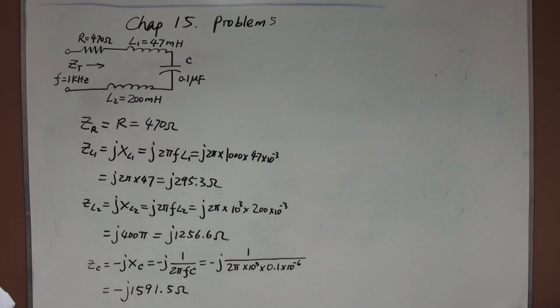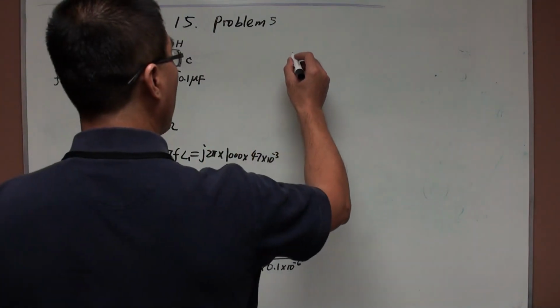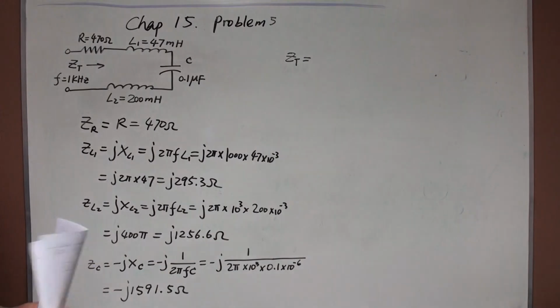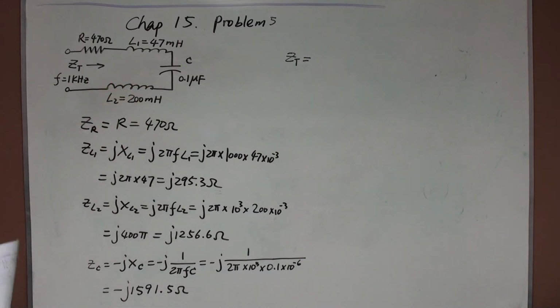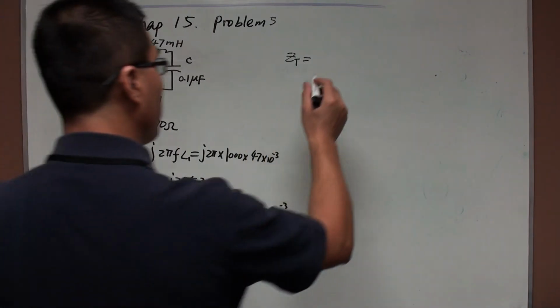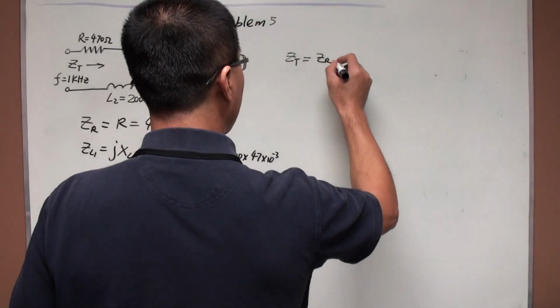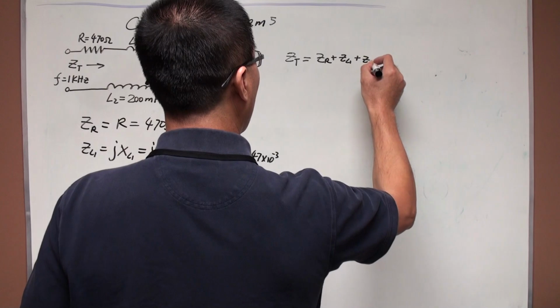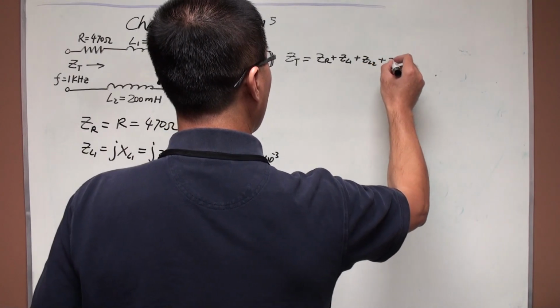All right, so we want to find out the total impedance, which is ZT. And we know that because the circuit is connected in series, that means we just add all these values together. We can get the total impedance. So it's equal to ZR plus ZL1 plus ZL2 plus ZC.